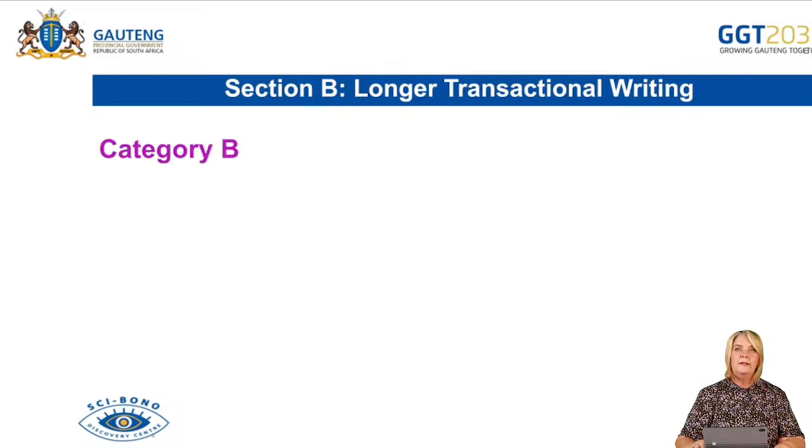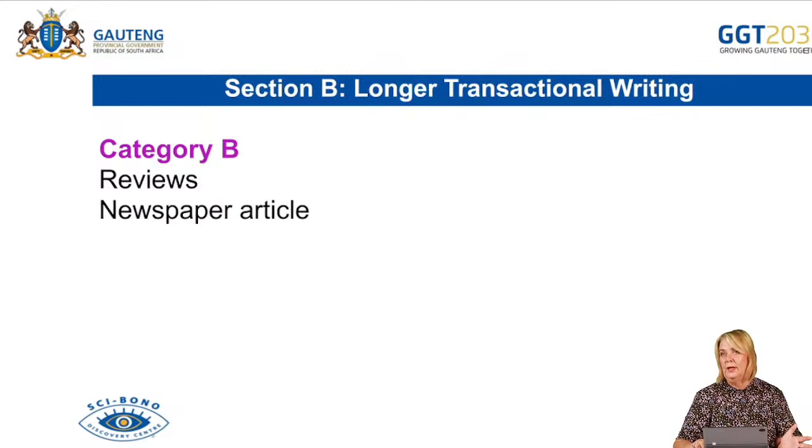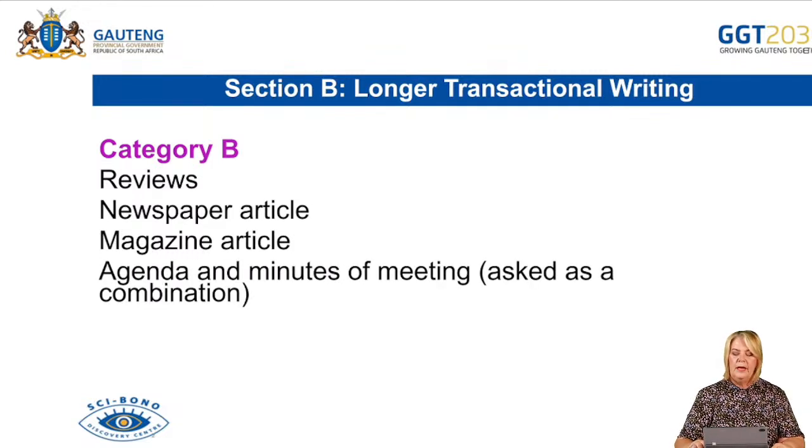Let's take a look at category B. You might get a review of any sort, reviewing food at a restaurant, reviewing a movie, reviewing a novel. So it could actually be any kind of review. The newspaper article, a magazine article, the agenda and minutes of meeting, and here again it is asked as a combination.